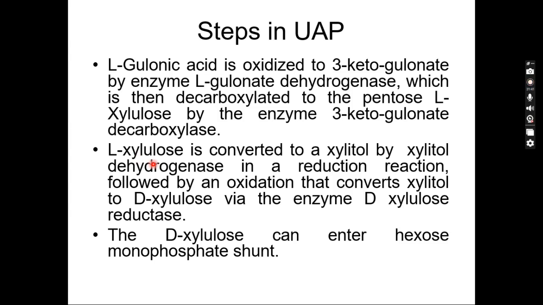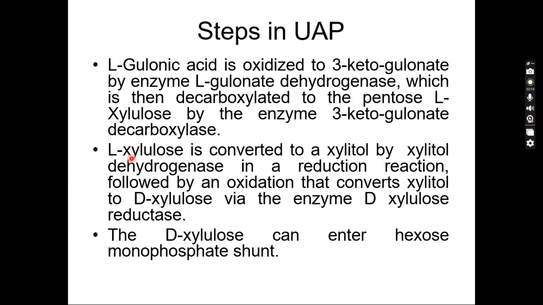Then this L-xylulose is further converted to xylitol, okay, by an enzyme which is called xylitol dehydrogenase. And this is a reduction reaction, and this reduction reaction will again be followed by an oxidation reaction, okay. This oxidation reaction will now further convert the xylitol to D-xylulose, okay.